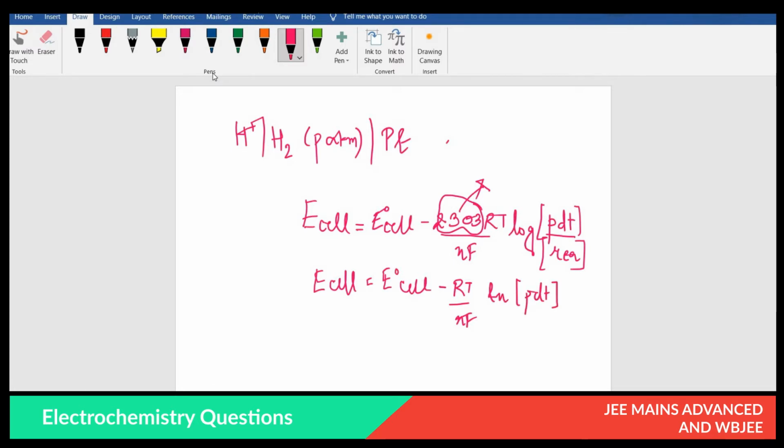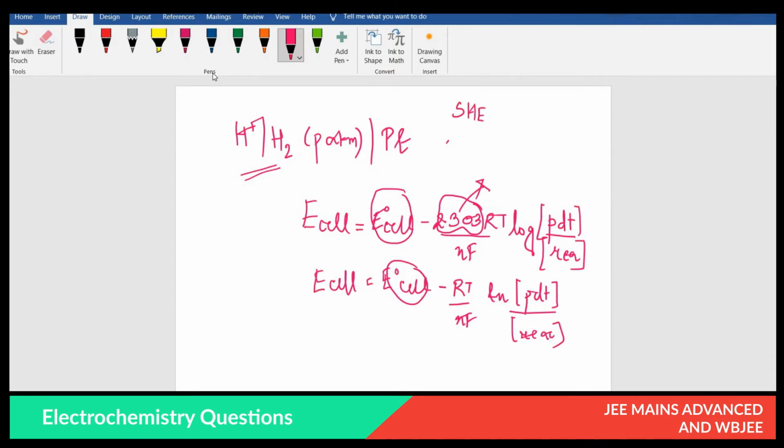Right, students? Another thing you will see is that in all the options, E equal to minus of something is given. So this value of E0 cell we have to predict first. The half cell reaction mentioned in the question is that of the hydrogen electrode, which is the standard hydrogen electrode.